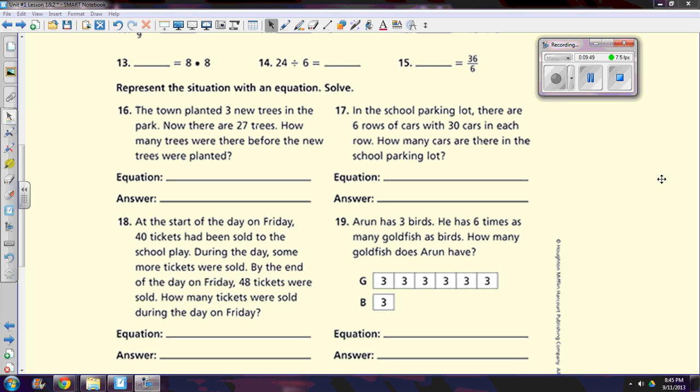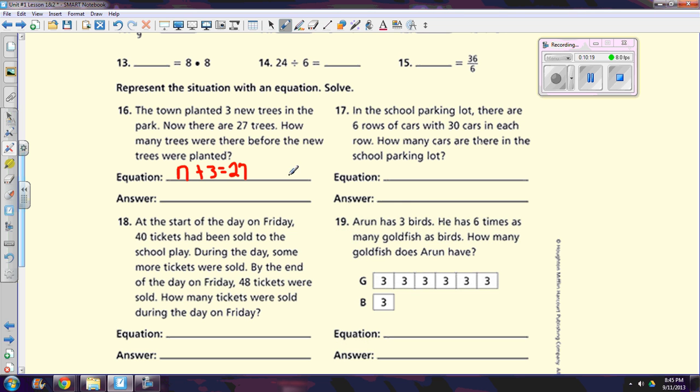So writing the equation, you have really 2 different ways. The town planted 3 new trees in the park. Now there are 27. How many trees were there before the new trees were planted? Well, let n be our variable. We planted 3 new trees, and it equals 27.